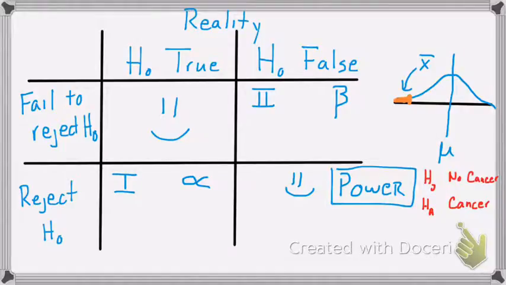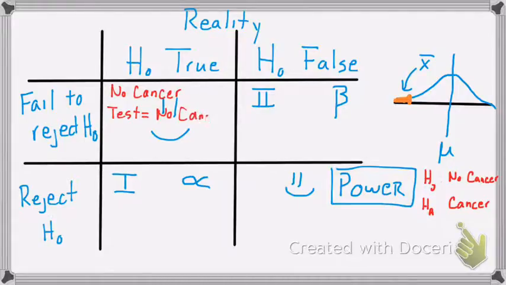So let's fill in context what these little boxes would mean. This box here would mean that you really did have no cancer, and you failed to reject it, so in context you have no cancer, and the test says no cancer. So that is a very happy result.